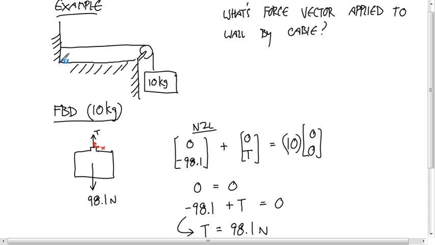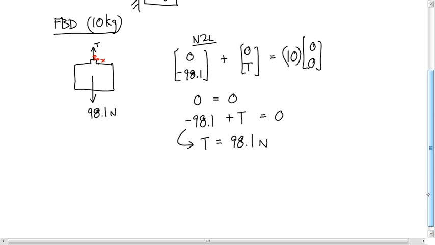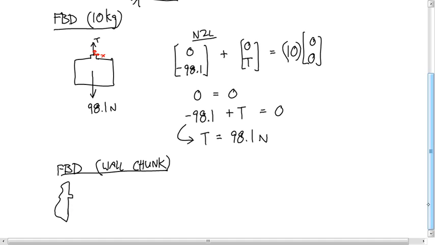Okay. So to think about that, let's draw a free body diagram of a piece of the wall. Wall chunk. Everybody wall chunk tonight. Okay, so if this is a little piece of the wall, why didn't I take the whole wall?